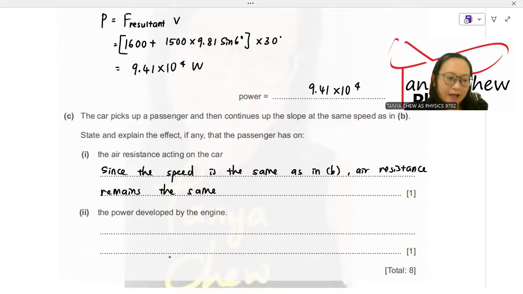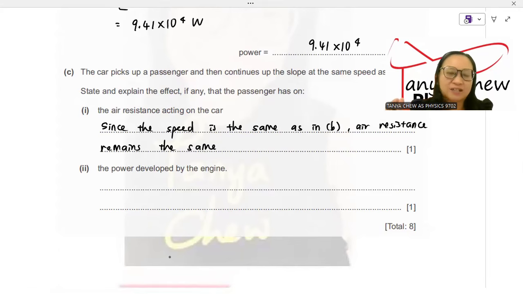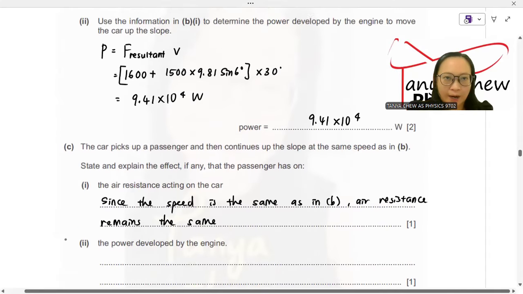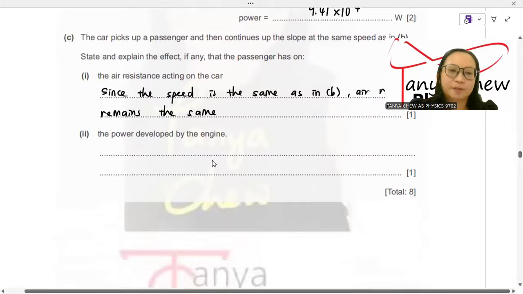Next, the power developed by the engine. Could you see that one passenger will add to the overall mass of the car? So the total mass will be increasing. That is why the resultant force will be increasing, which increases the power.